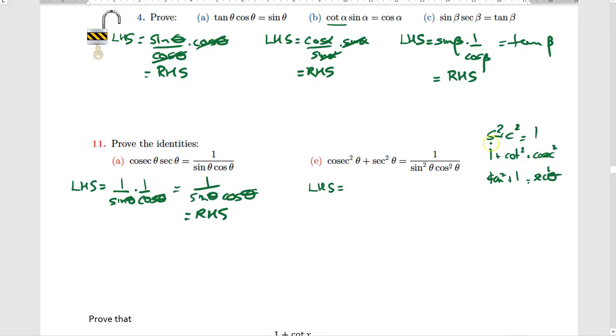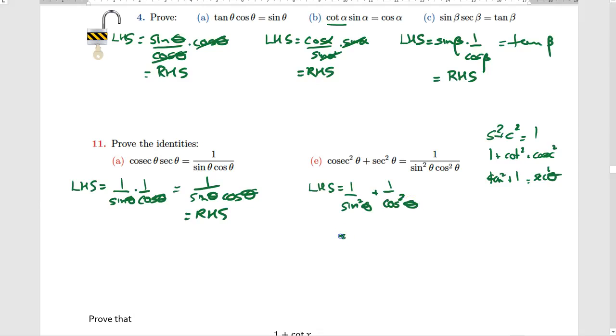Now, there's nothing too promising that I can see which I could use to directly replace these. So I'll take another approach. Cosec we know is 1 on sine. So if I write that as 1 on sine squared, and sec is 1 on cos, so I'll write that as 1 on cos squared.